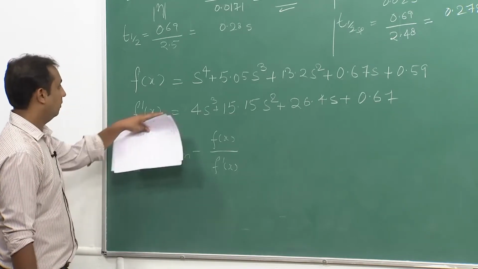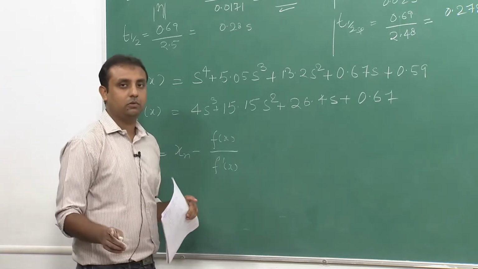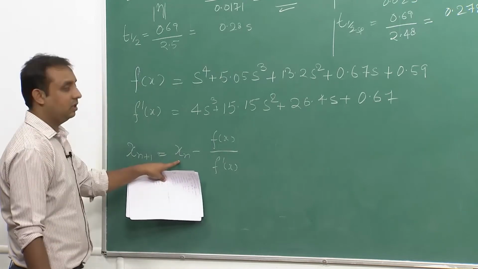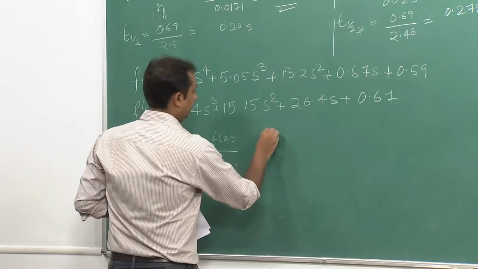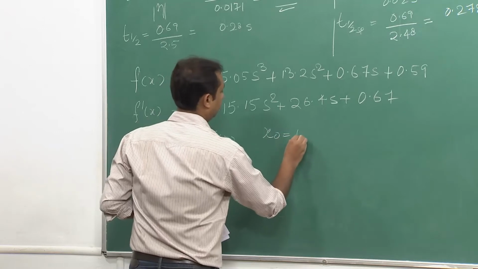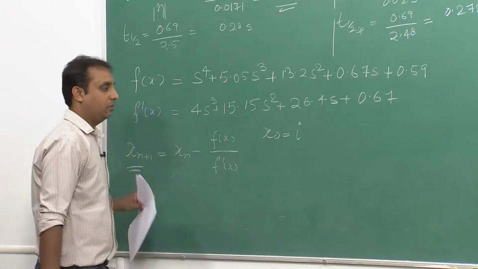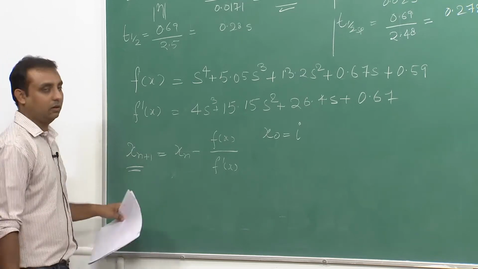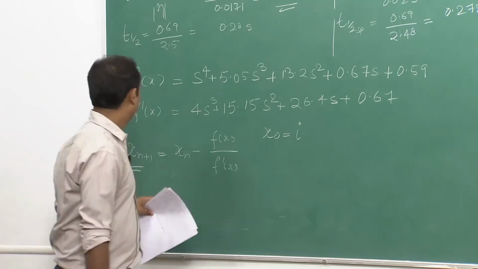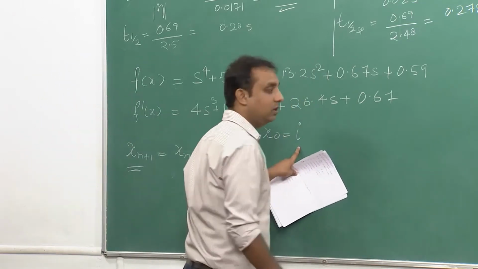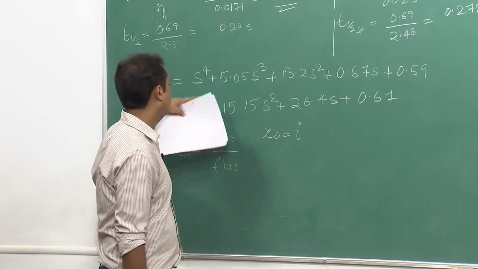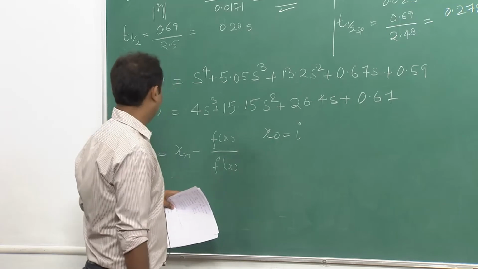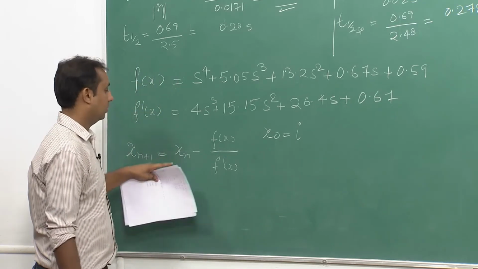Since we know this is a fourth order polynomial which consists of two pairs of roots, both complex and conjugate, suppose for this initial value I will give x naught equals i. Let us see the value at which Newton-Raphson converges for x naught equals i. So, for x naught equals i, substitute this value in my equation f(x) and f'(x) to get the numerator and denominator, which will be subtracted from x equals i.